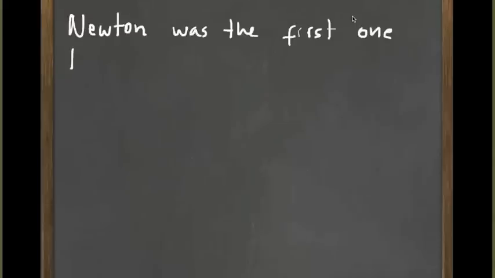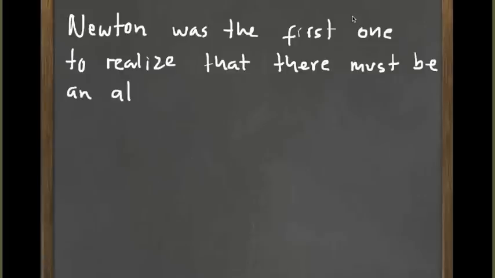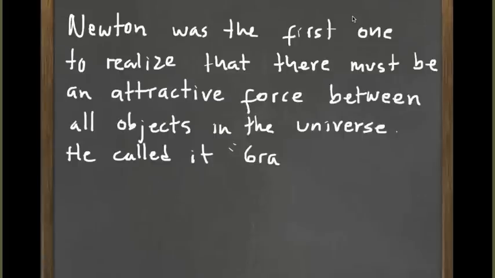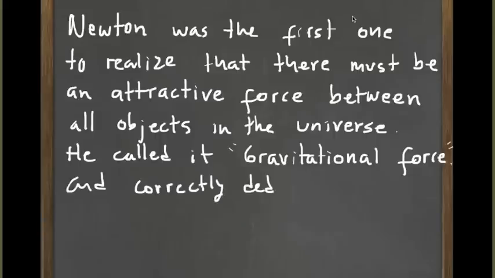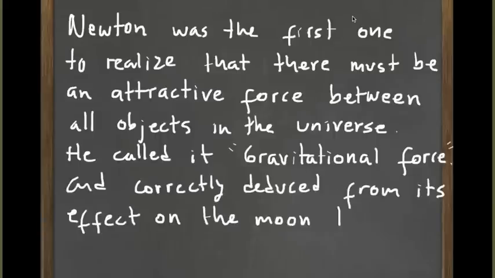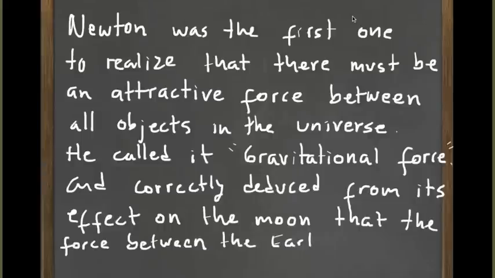Now Newton was the first person to realize that there was an attractive force between all objects in the universe. He called this force gravitational force, and he correctly deduced its properties. He deduced from the effect of this force on the motion of the moon around the Earth that the force between the Earth and the moon should depend on several factors.